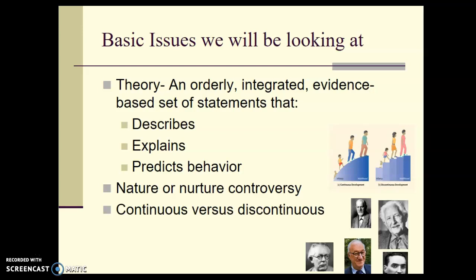Another one is continuous versus discontinuous. Many theorists believe that there is a continuous mode of development, so that once we're born, we are continuously developing and learning and changing. Discontinuous theorists believe that something happens, usually biologically, and we are thrown into a next stage.